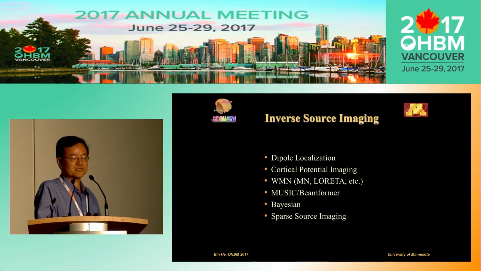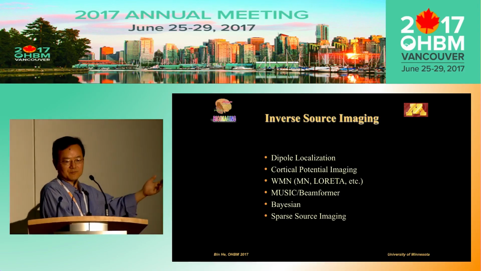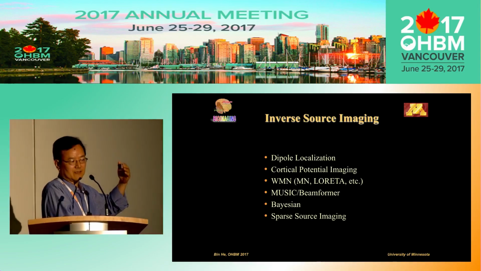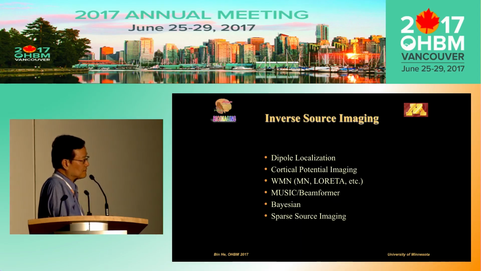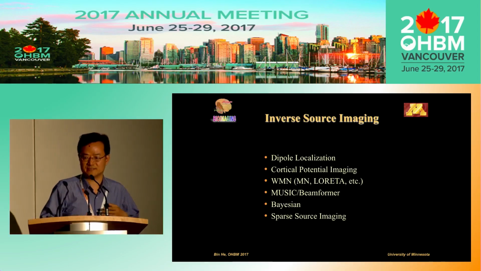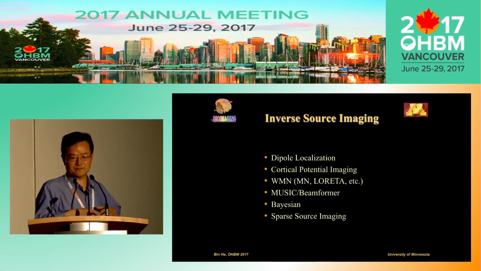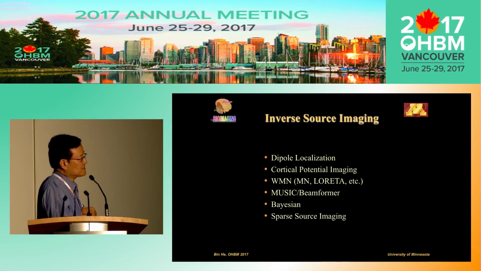Now, in terms of source imaging algorithms and how many approaches there are, whatever you're going to do, such as connectivity imaging, you want to get the source information, assuming you're going to do connectivity imaging in the source domain. We talked about dipole localization already, and there is cortical potential imaging, and recently I have seen some renewed effort to solve the cortical potential imaging, since I worked on this many years ago myself.